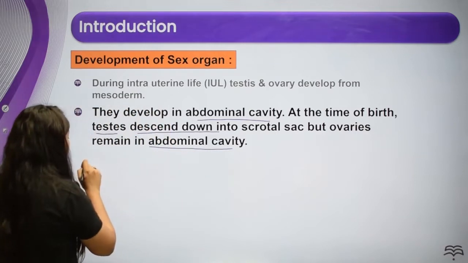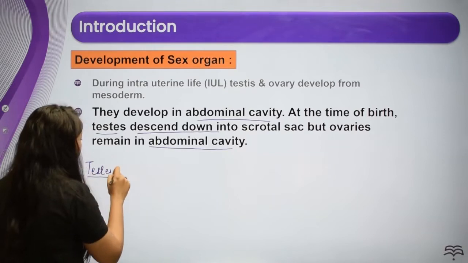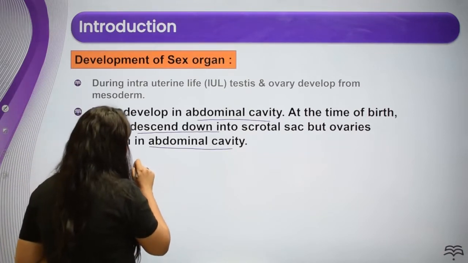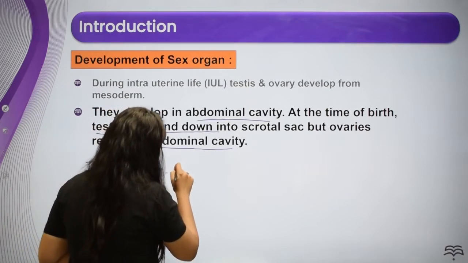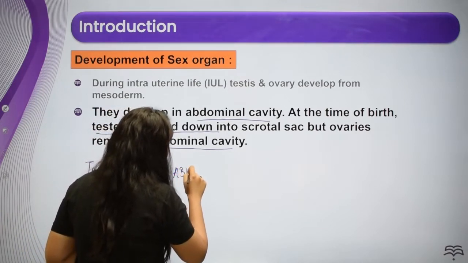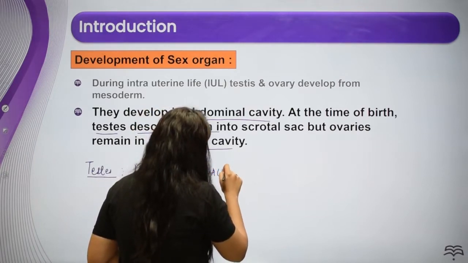अगर तुम लोग को याद हो, छोटे क्लासेस में जब भी टेस्टिस के लोकेशन के बारे में हम लोग बात करते हैं, तो हम लोग बोलते हैं they are located extra-abdominally. कैसे लोकेटेड है? Extra-abdominally. So what is happening in case of males?